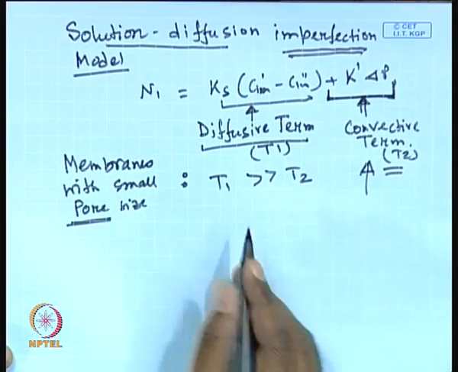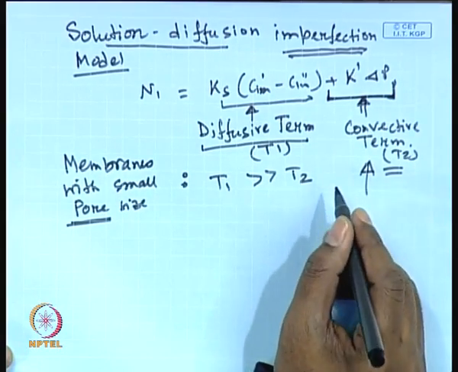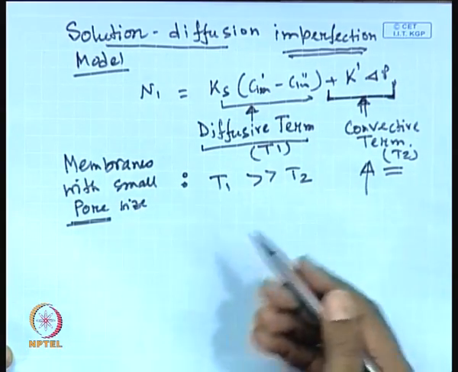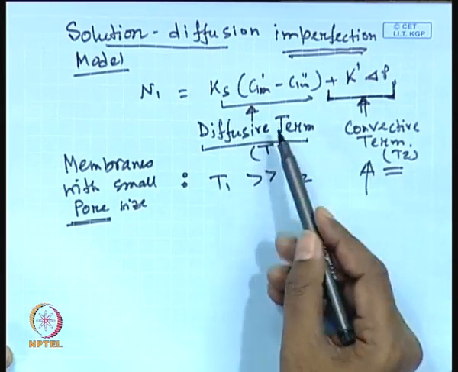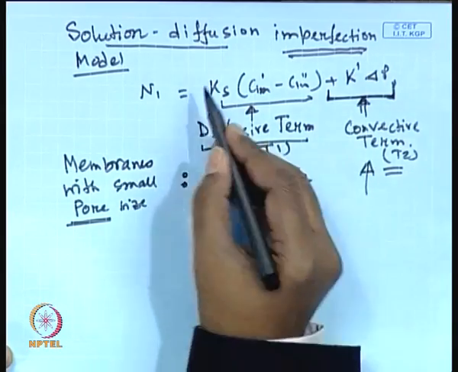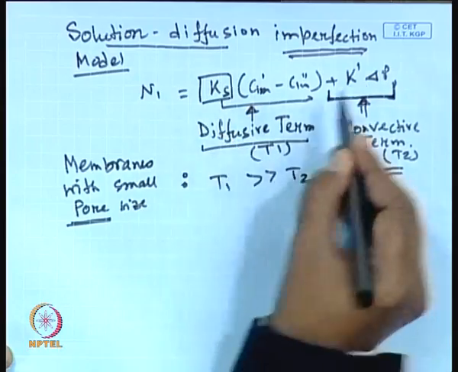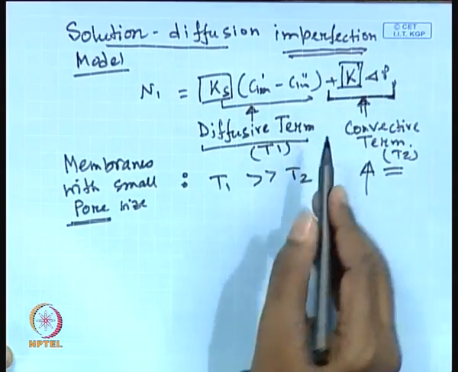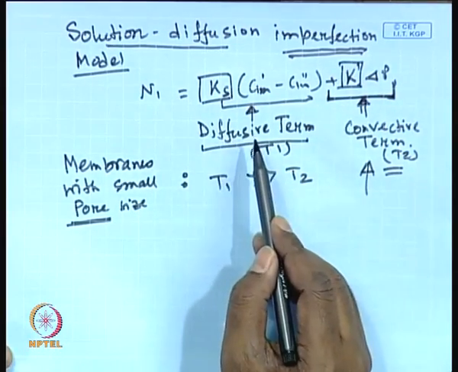Okay. Now, what this means is that when you keep on increasing the terms like this, you really do not know how to get this value. Now, these are the parameters of the model.